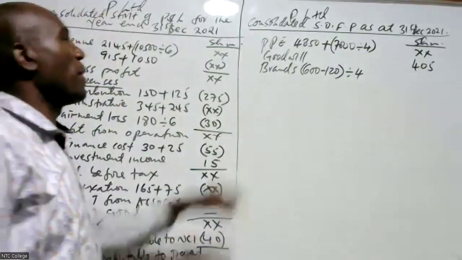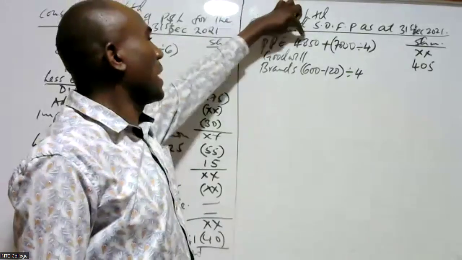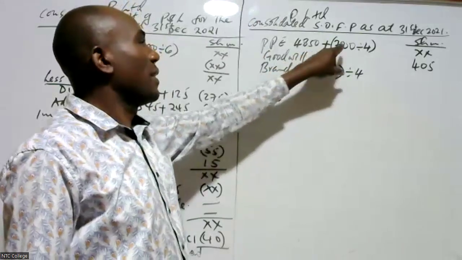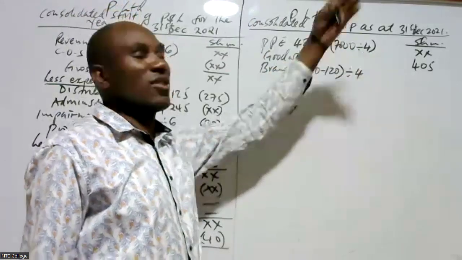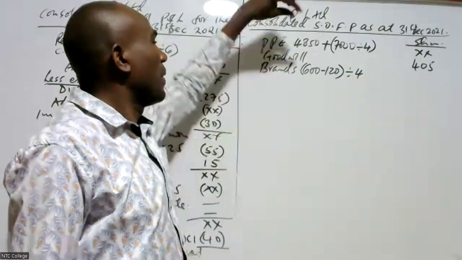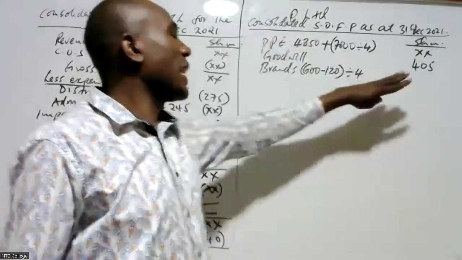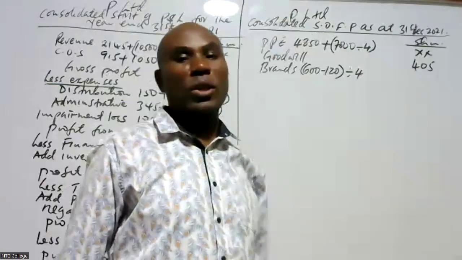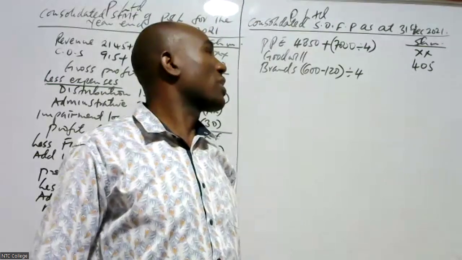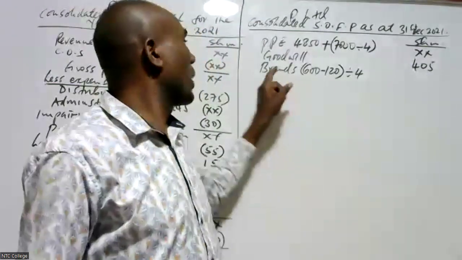I said that PPE, you take 4850 plus the subsidiary, which we just translate in the question like that. Then goodwill, we take the one that was at the end when we translated, in our exchange difference. Then we come to brands.